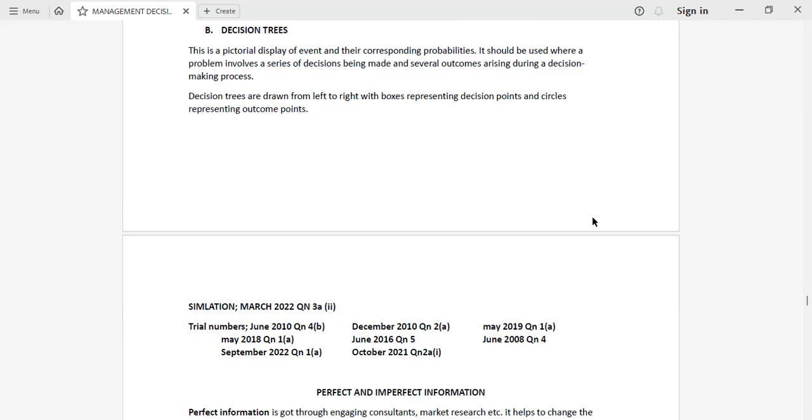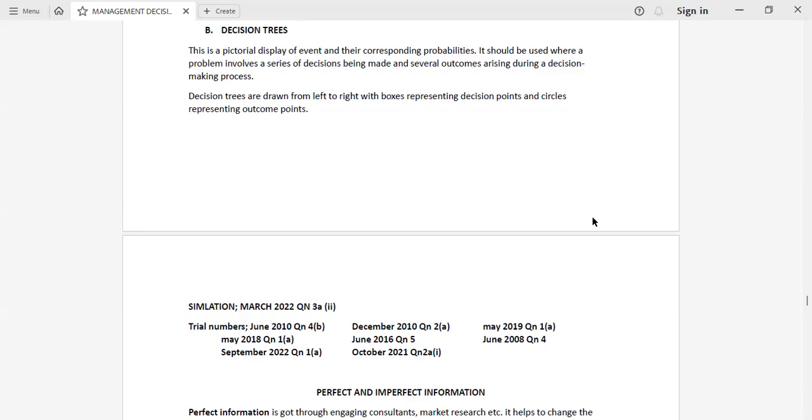In other words, these decision trees, we always draw them from left to right, with boxes representing the decision points and circles representing the outcome points. That's just giving us how we are able to draw this.